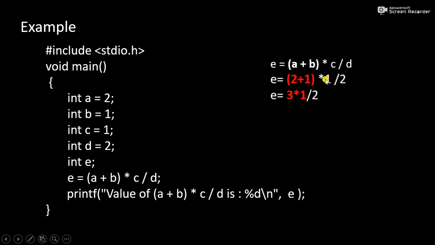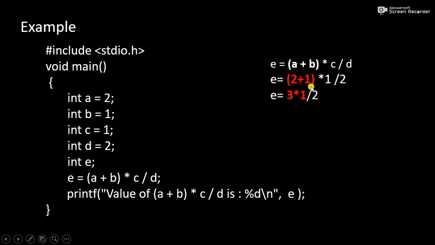Now we have the remaining expression, 3 into 1 divided by 2. We have two operators in this expression, multiplication and division. These are at the same level, which means they have the same precedence. If two operators have the same precedence, which means equal priority, we need to check their associativity.